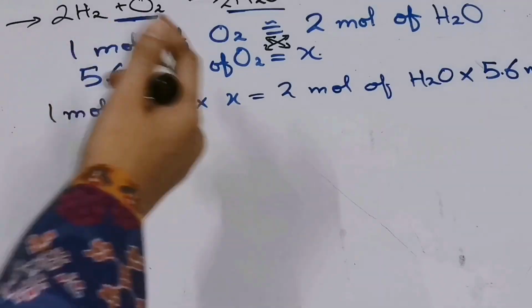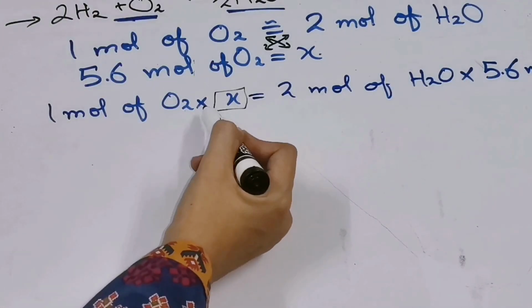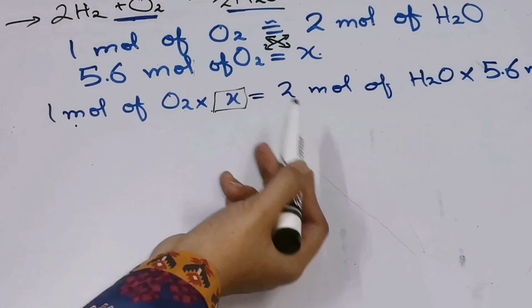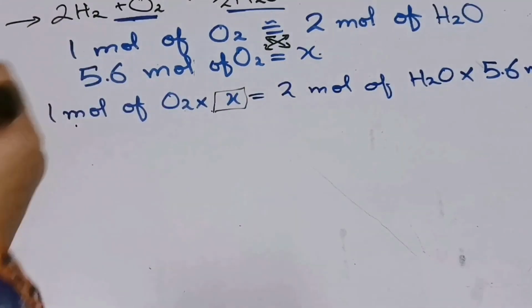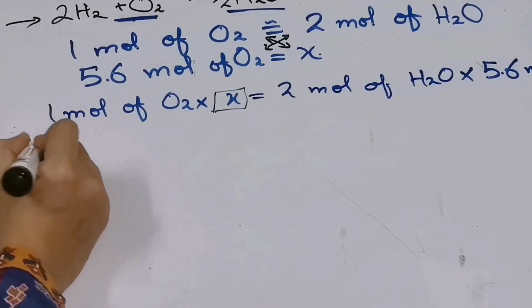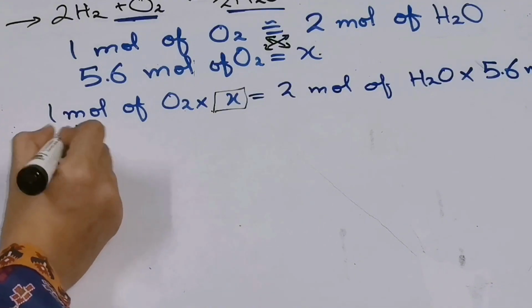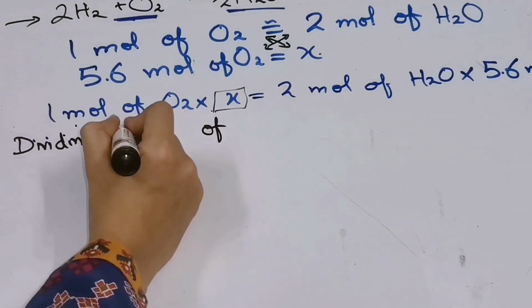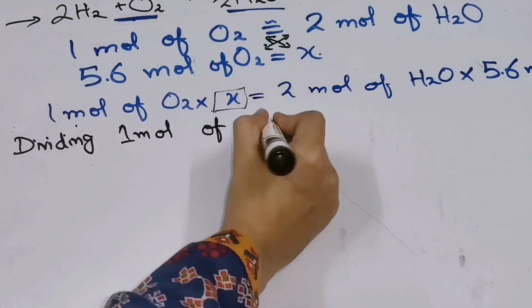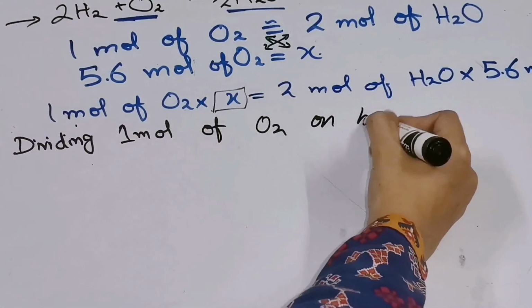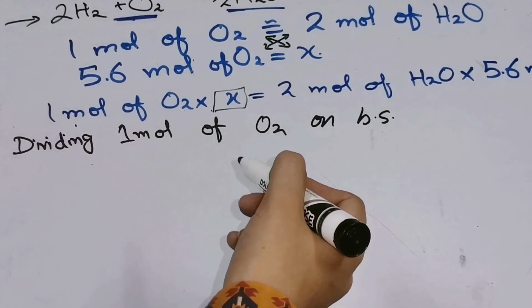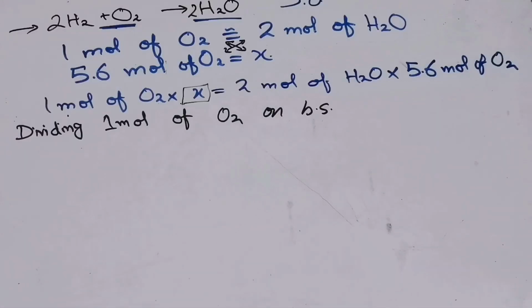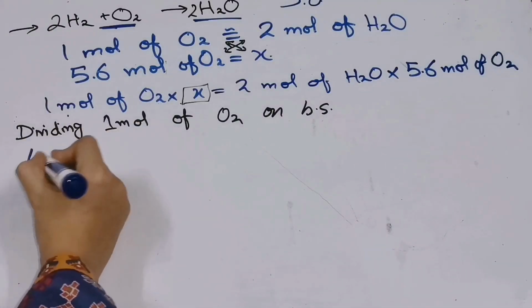So now what will happen? X will stay in its place and we will divide by 1 mole of O2 on both sides. So we will write in a statement: dividing 1 mole of O2 on both sides. Let's divide it.